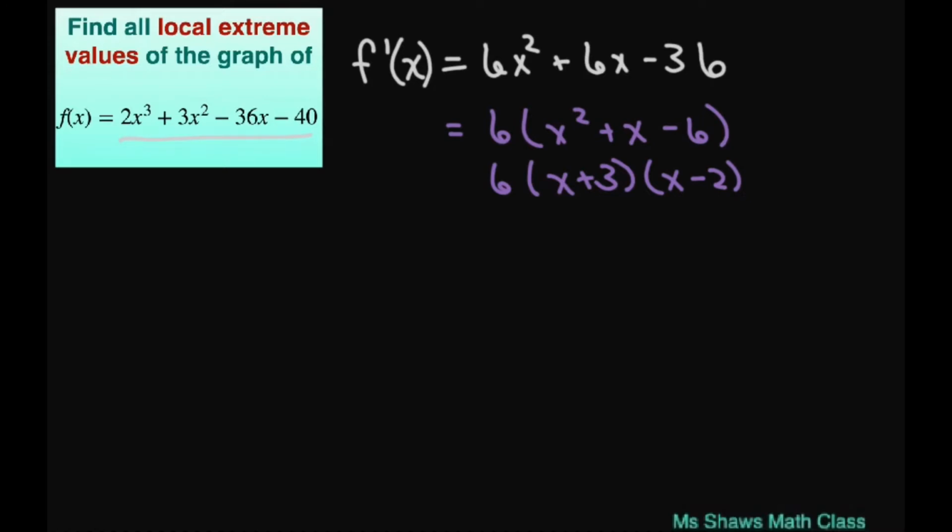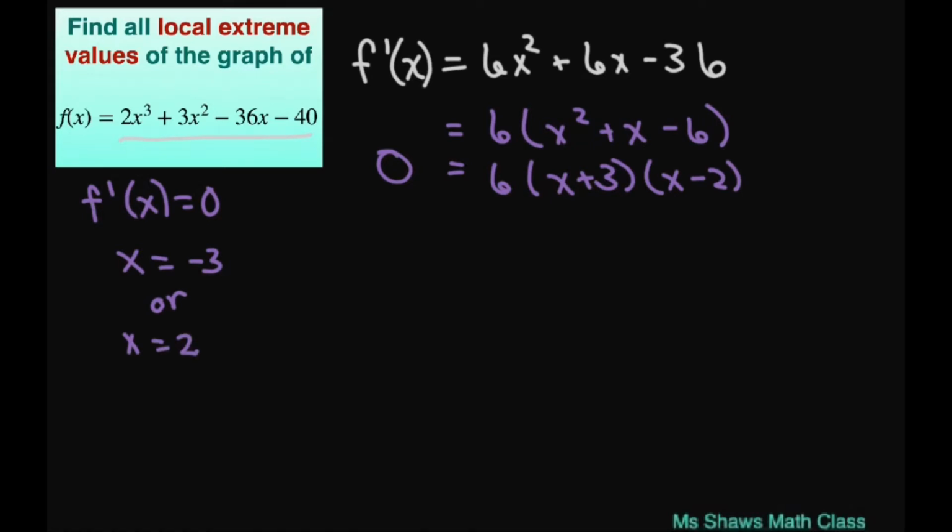So if we set f prime of x equal to 0, then we have x equals negative 3 or x equals 2.